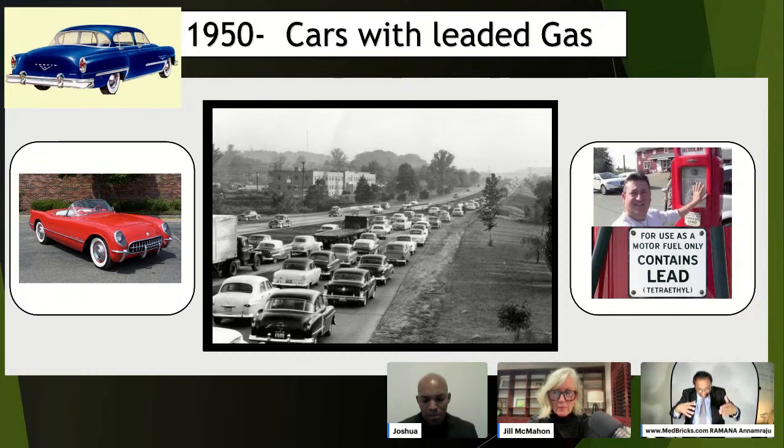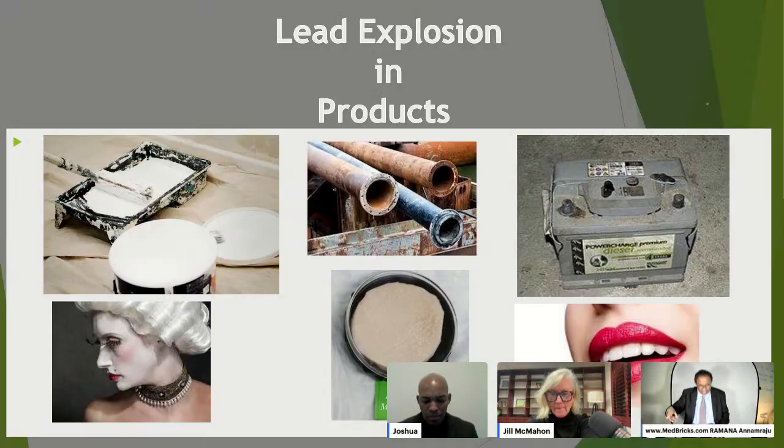They added lead to the cars. 1950 cars, all of them are leaded gas. Indianapolis 500 won the competition, all the leaded gas cars. So those cars filled up the entire planet with the lead. Believe me or not, that is so poisonous, lead.